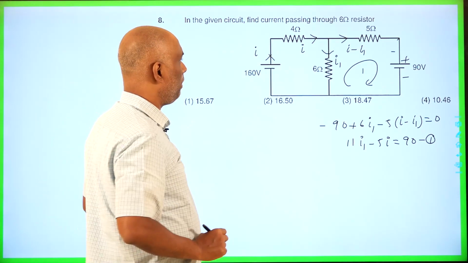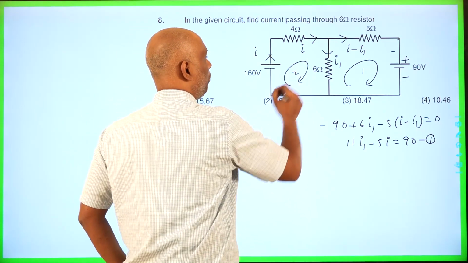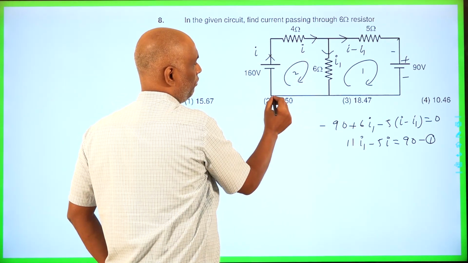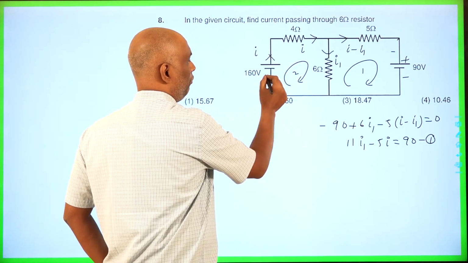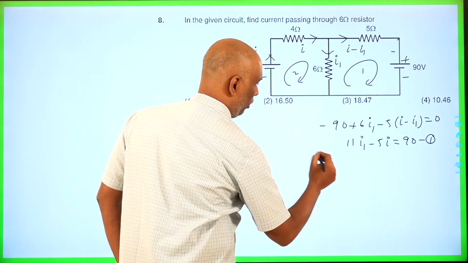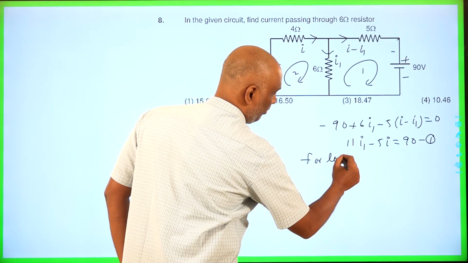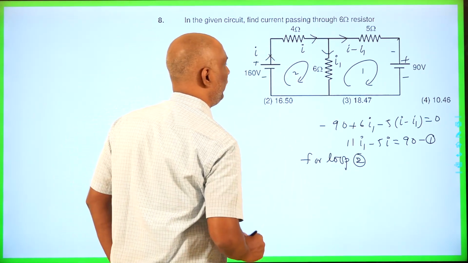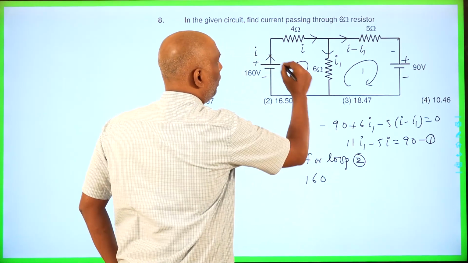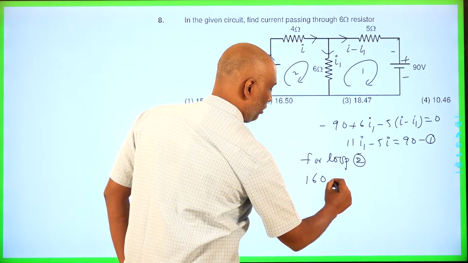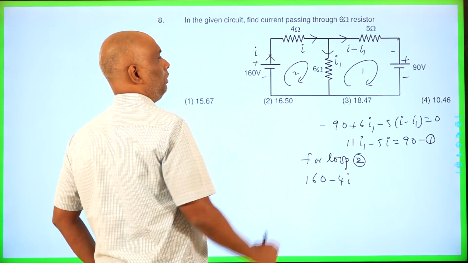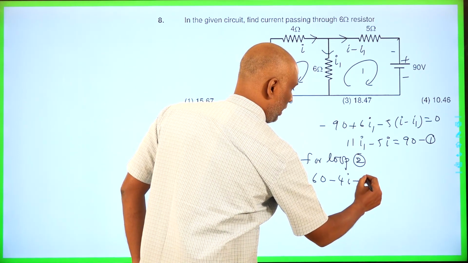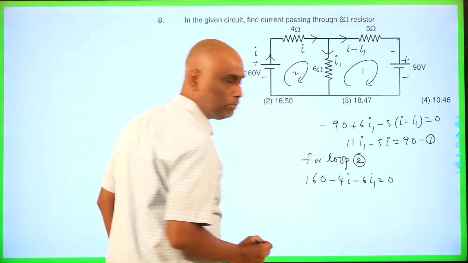Next, I am going to apply Kirchhoff's second law for the second loop. We are going to start from here. For example, across this cell I am going from negative to positive, so for loop 2 we get plus 160. Across the resistor I am going in the direction of current, minus 4I. Next, across this resistor I am going in the direction of current, so we get minus 6 I1 is equal to 0.